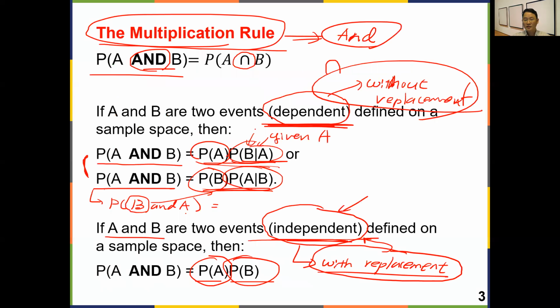Probability of A and B was probability of A times probability of B given A, in that order. The first one first, and the second one goes here, given the first one.